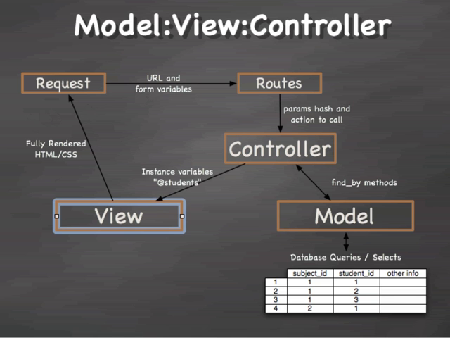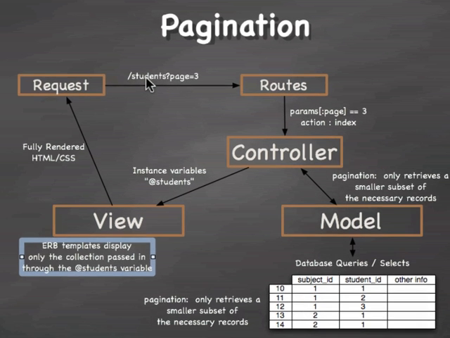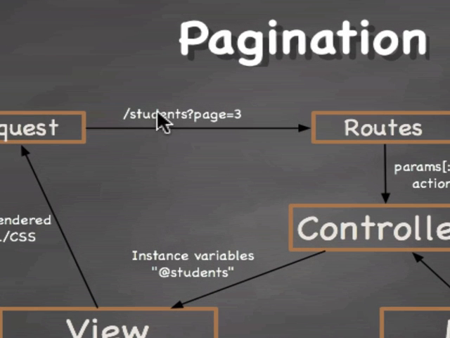So let's look at how we would really want this to work in a pagination. If we have a URL, then we can pass some form variables or some query string variables that might tell us which page of data we might want to display. So if I say /students, if this was the URL, the question mark delineates the action and the views that are going to be displayed from the actual query string parameter.